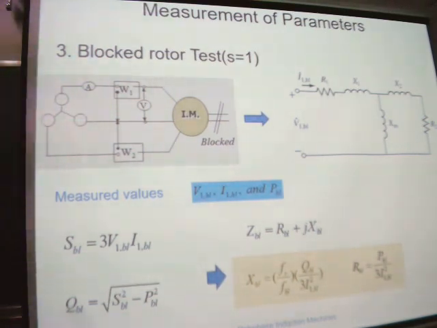We also measure the voltage, current, and the power. Using these, we can get the apparent power with this equation, the same as the previous one.